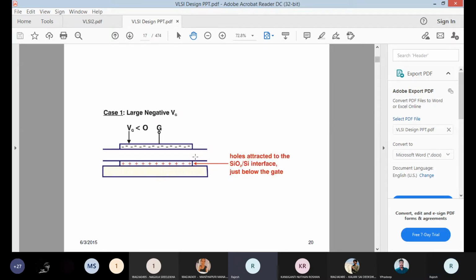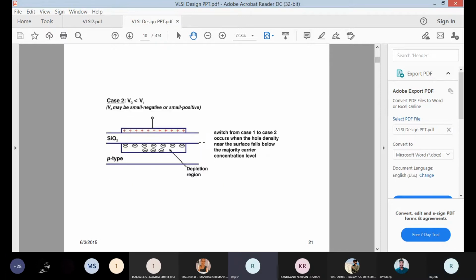So this is the diagram showing when you apply a large negative voltage, VGS negative, this negative at the polysilicon will attract positive carriers below your SiO2. It is like two parallel plates separated by a dielectric material. Now, this is the diagram where VGS is applied positive, but it is less than the threshold voltage.